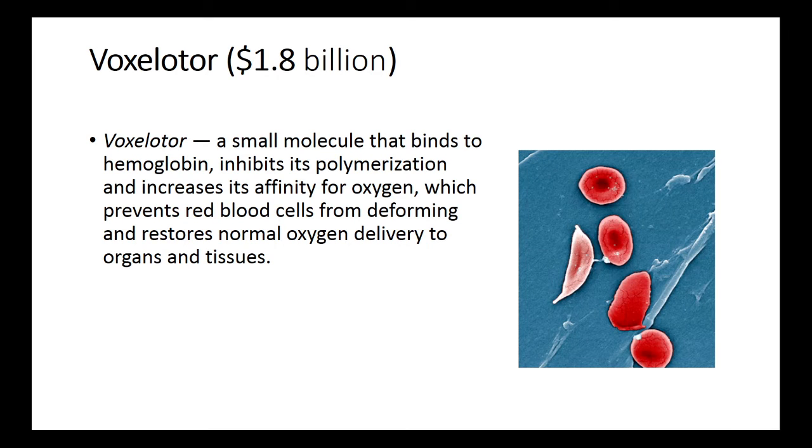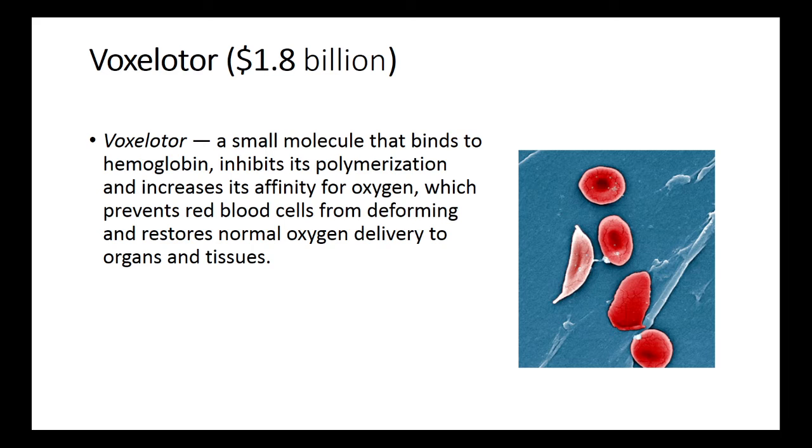Next, voxelotor. To make these drugs costs near $1.8 billion. And in this picture you can see normal erythrocytes and erythrocytes with mutation. We spoke about this in our medical biology class. They have a mutation in hemoglobin genes and a new shape, which is not good.